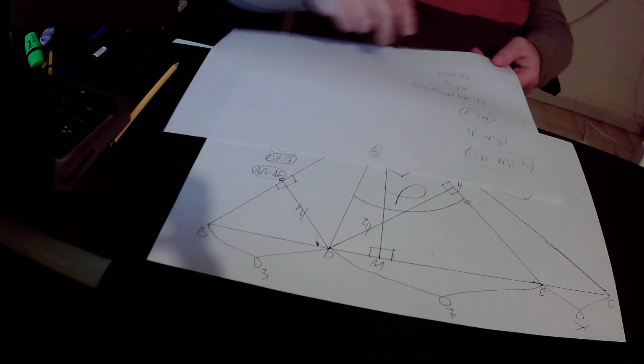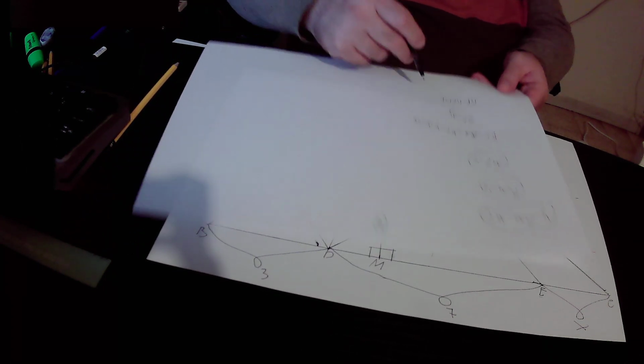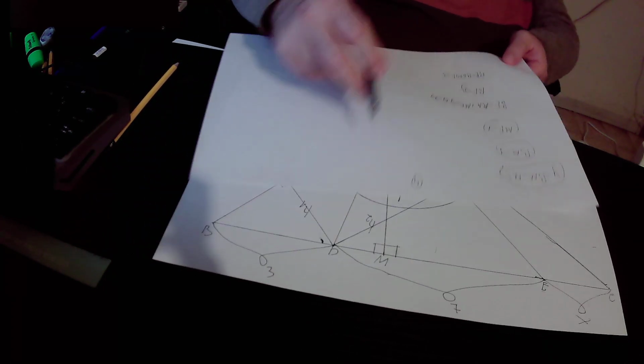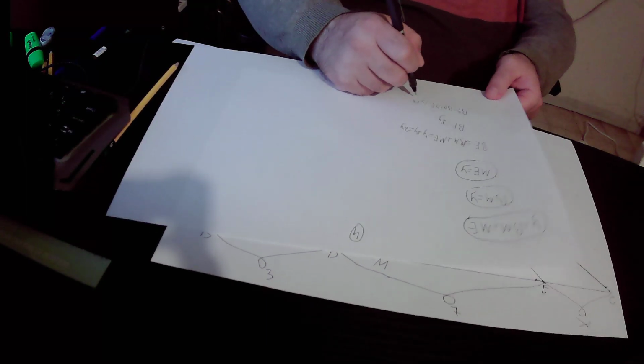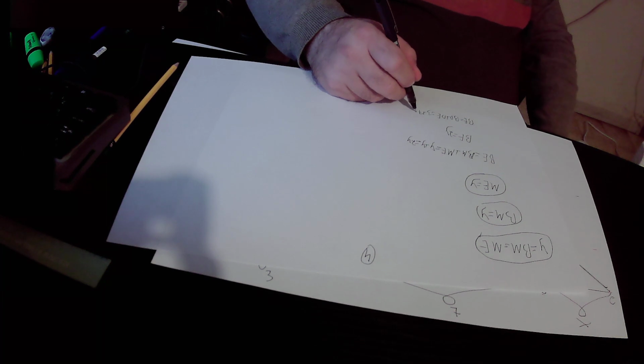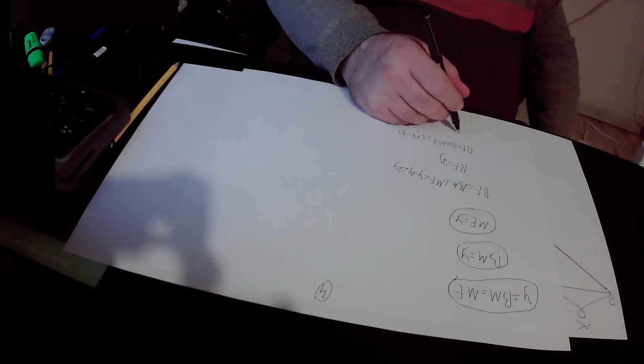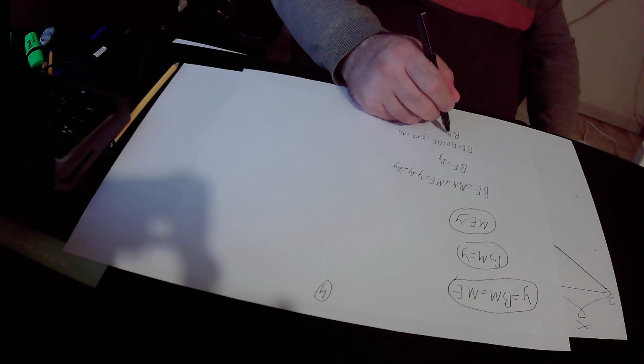But BD is equal to 3 units and DE equals 7 units. So in conclusion, BE equals 3 plus 7, 10 units. So we found out that from one side, BE equals 10 units.